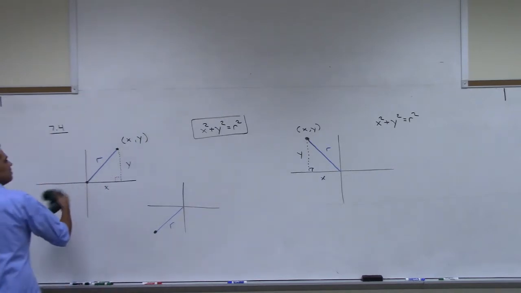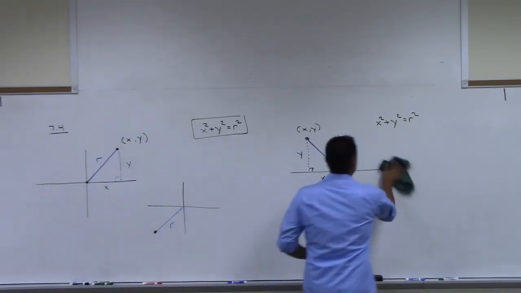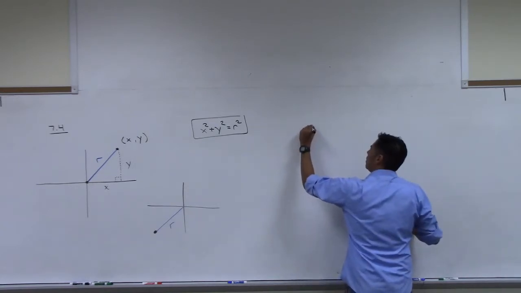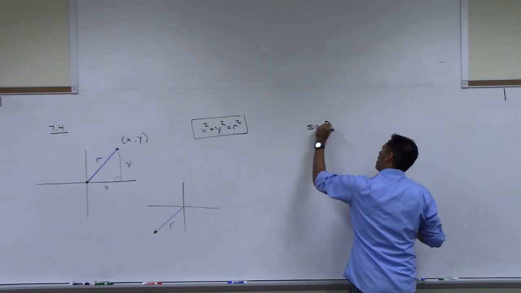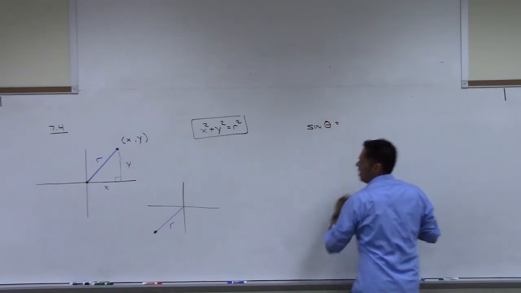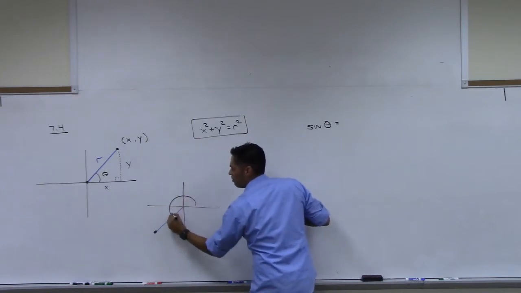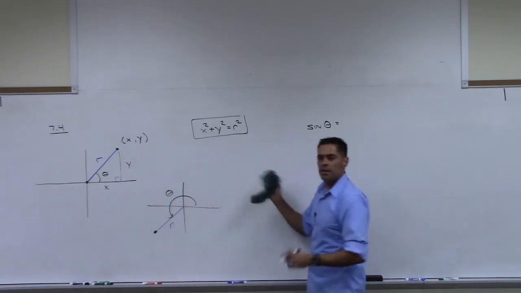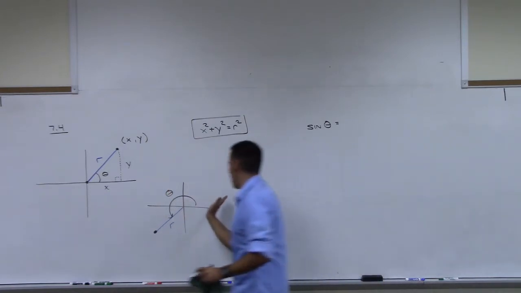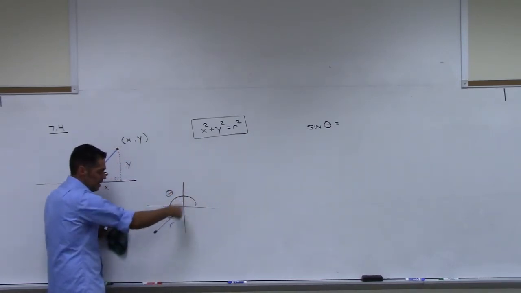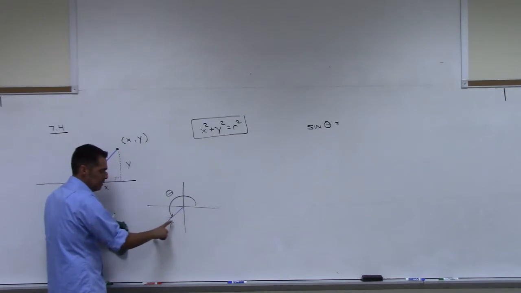Here's their definitions. Sine of the angle theta is equal to, and by theta I mean this angle here. In this picture it would be that angle right there. Okay? It's the angle that goes from the x-axis to the terminal side of the ray that we draw, or the line segment.